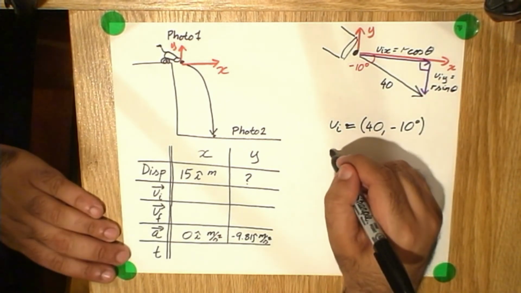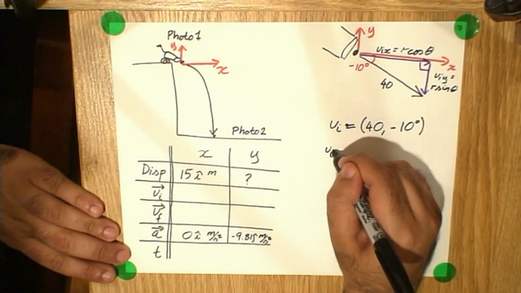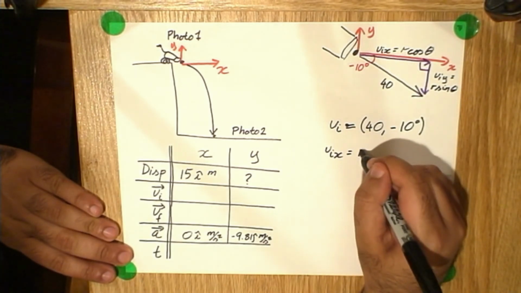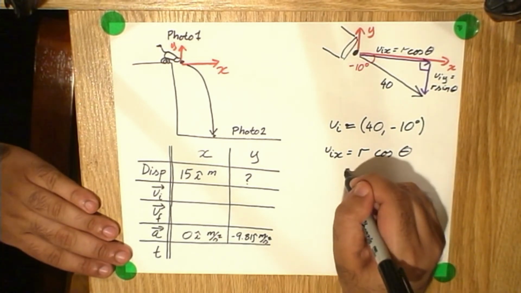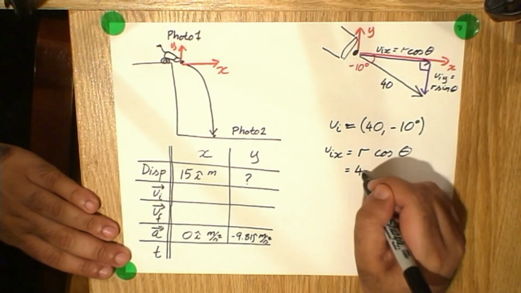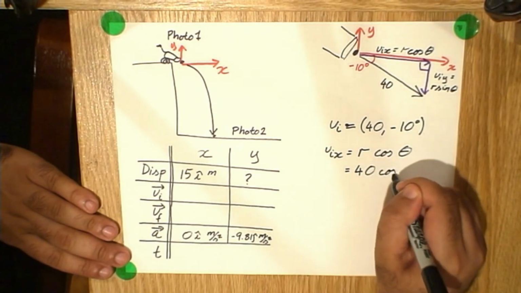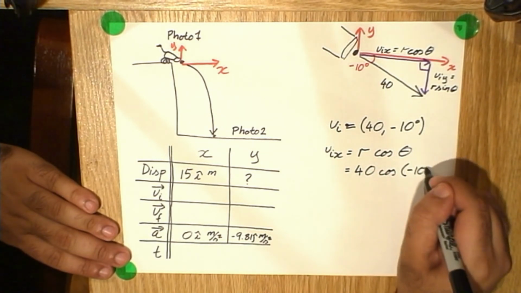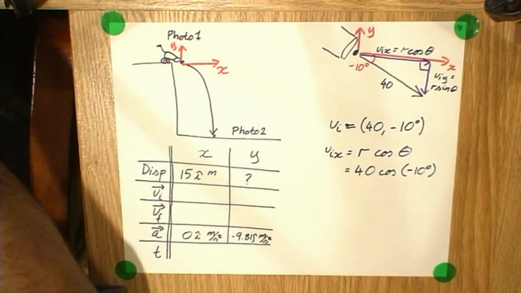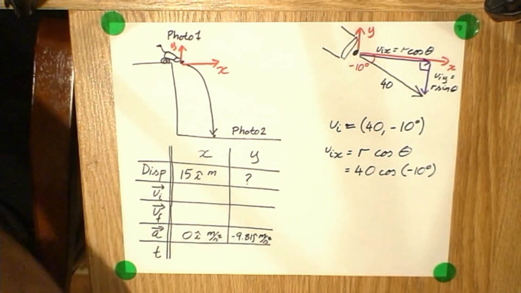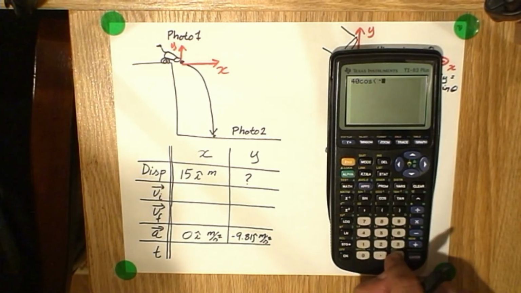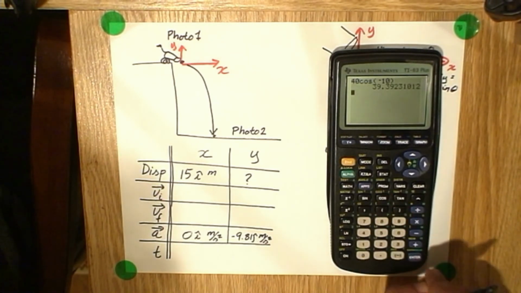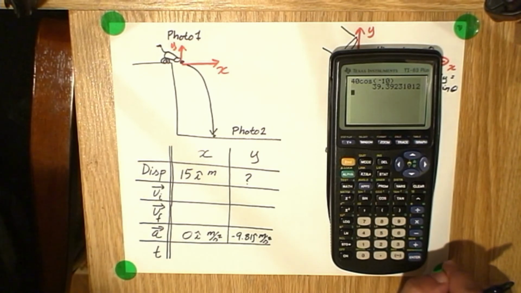So, r cos theta works out to 40 times the cosine of negative 10 degrees. That's 39.39.